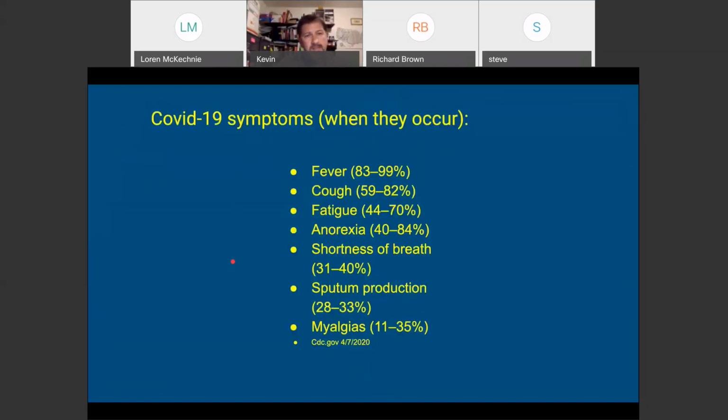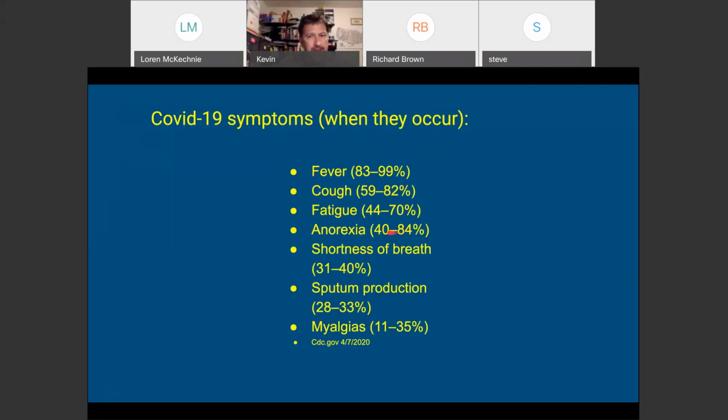What are the symptoms of COVID? This came off the CDC's government's webpage today. Those who develop symptoms usually will have a fever, 83 to 99% of the time. Many will have a cough. About 60 to 80% of the folks with symptoms are going to have a cough. Some will have fatigue, anorexia. They're not hungry.